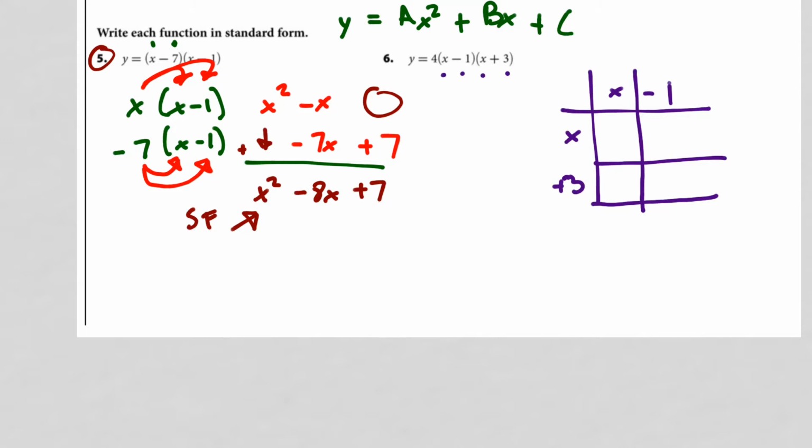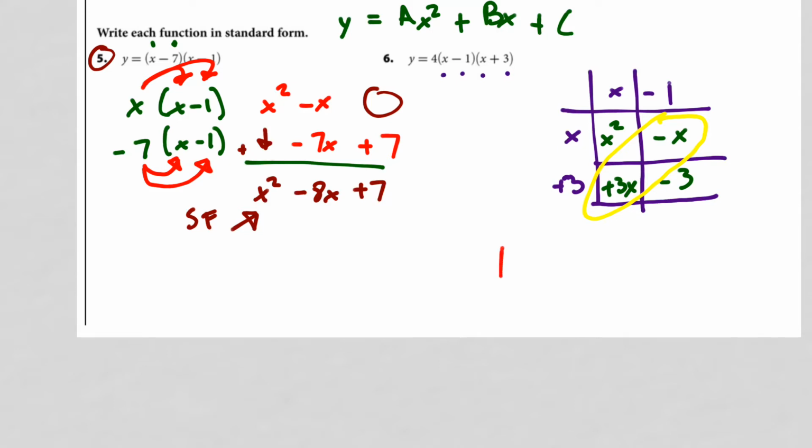I'm going to multiply by 4 in a moment, but first I'm going to get rid of the stuff in parentheses. So x times x is x squared, and x times a negative 1 is negative x. x times 3 is plus 3x, and 3 times a negative 1 is negative 3. And the beauty of the grid method is all the like terms are always diagonally across from each other.